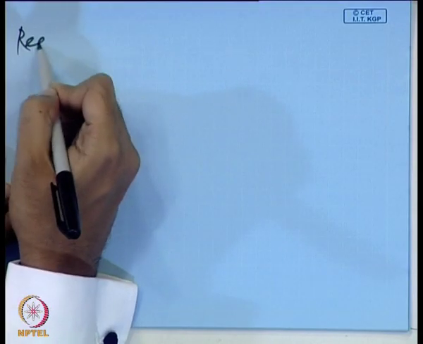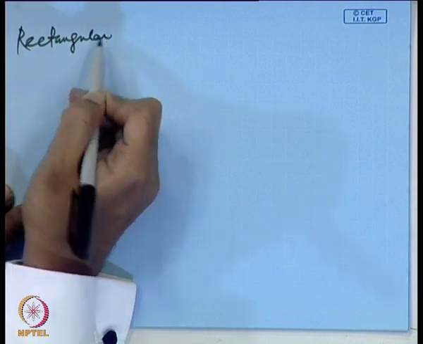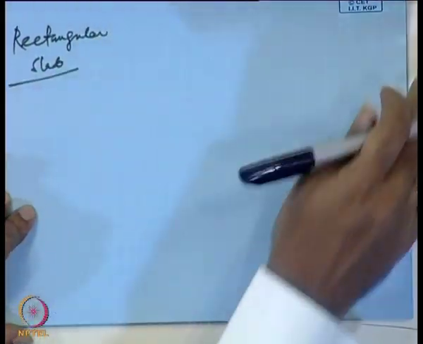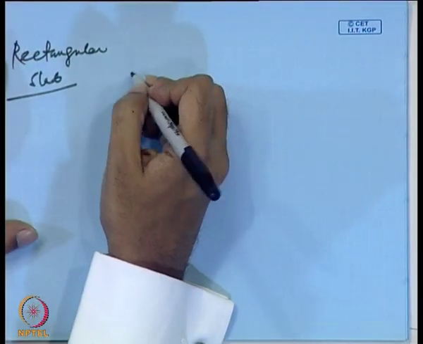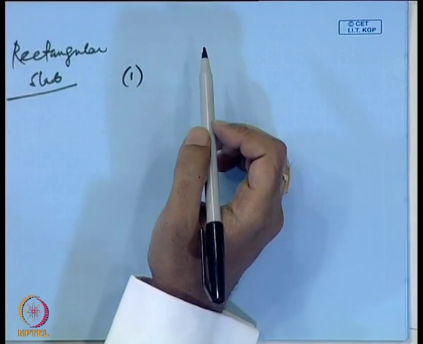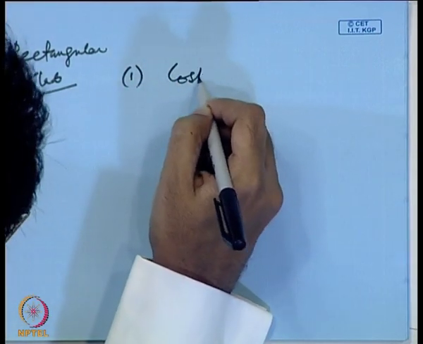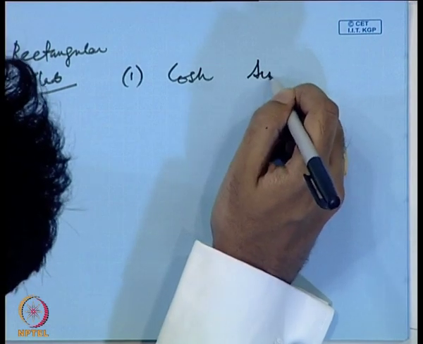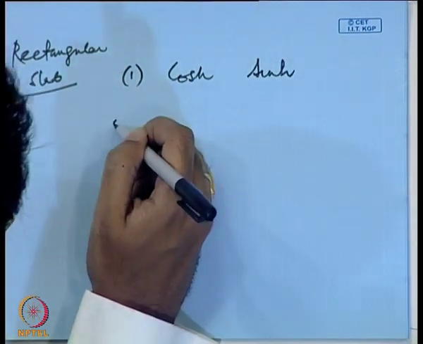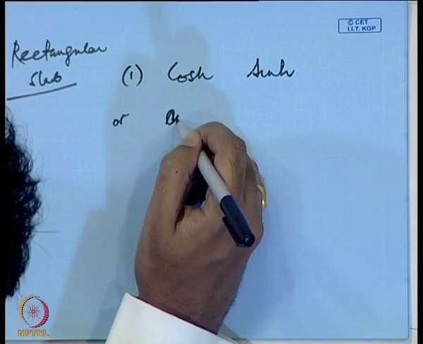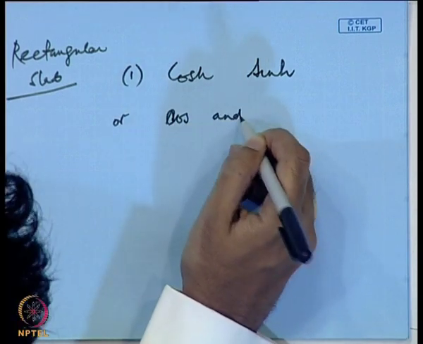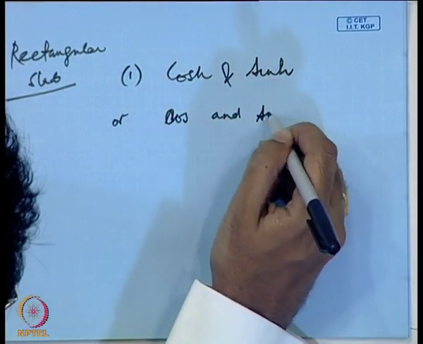So, A is the slab. What are the eigenvalues for the rectangular slab? Cos hyperbolic and sine hyperbolic, or it could be cos and sine.